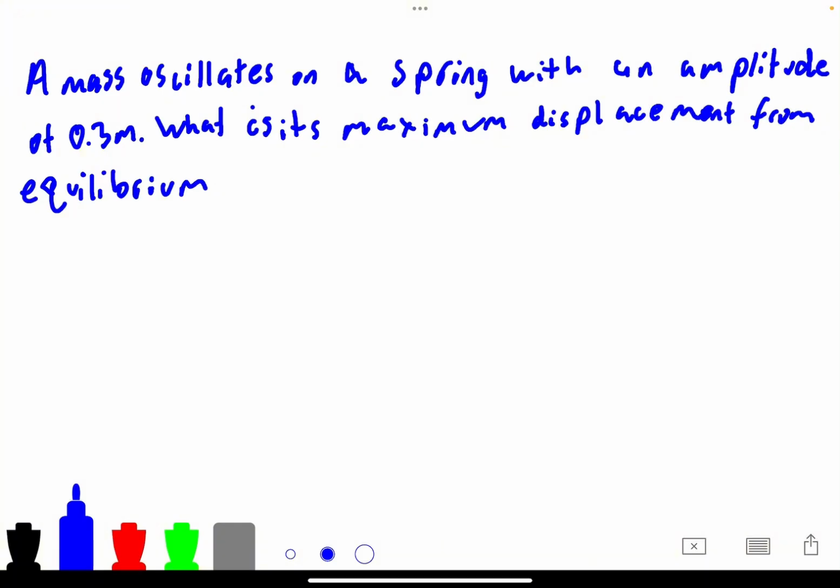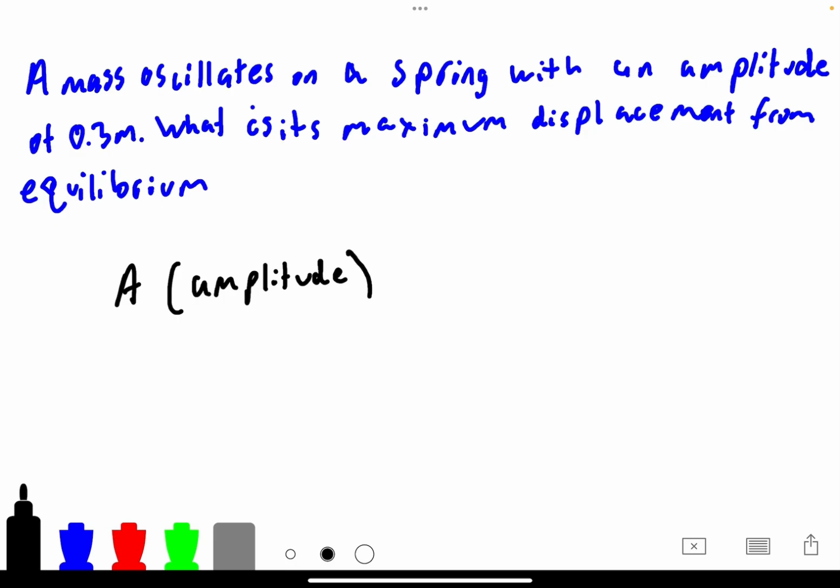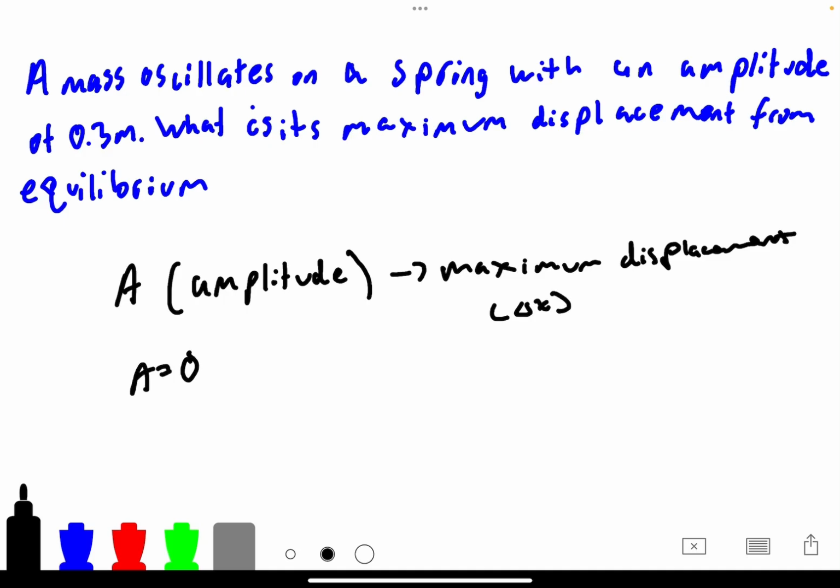A mass oscillates on a spring with an amplitude of 0.3 meters. What is its maximum displacement from equilibrium? So amplitude is the maximum displacement. They give you A, which is 0.3 meters, and this is the maximum displacement.